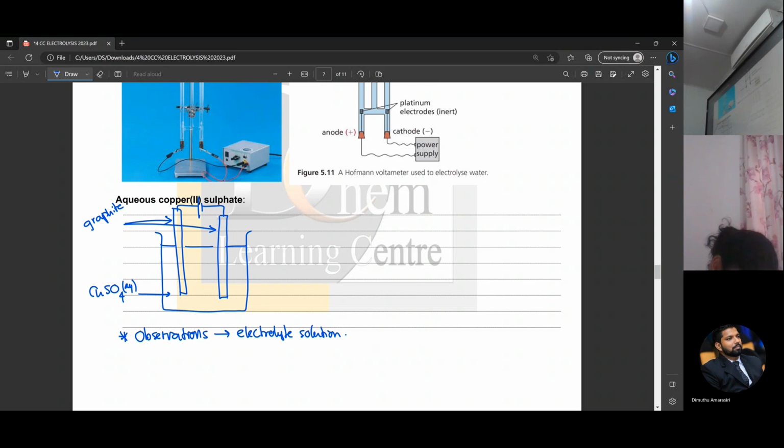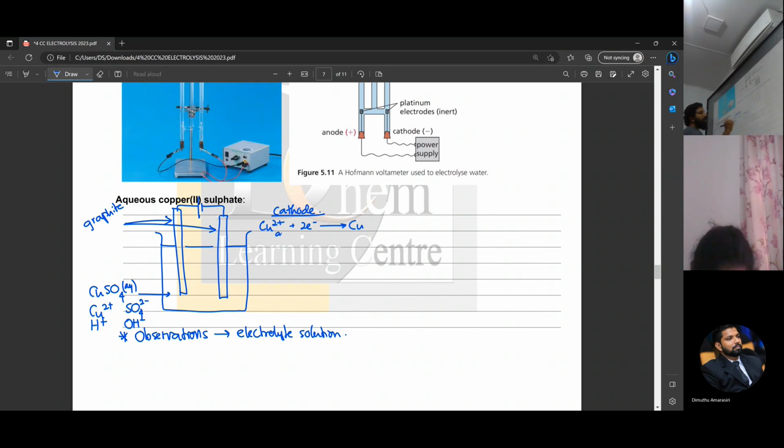Okay, so let's see how you are handling this. You have copper 2 plus ions and sulfate ions. When I started this class I gave the common reaction set. Keeping it in your head, writing this is not an easy thing. Right? So the cathode reaction is copper 2 plus taking 2 electrons and you get copper.